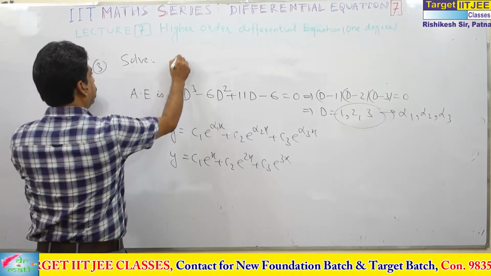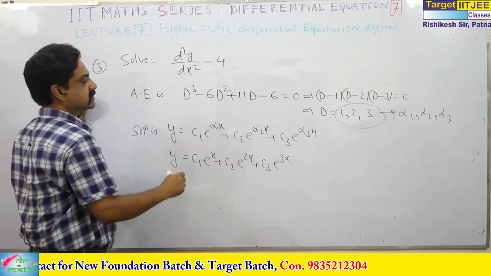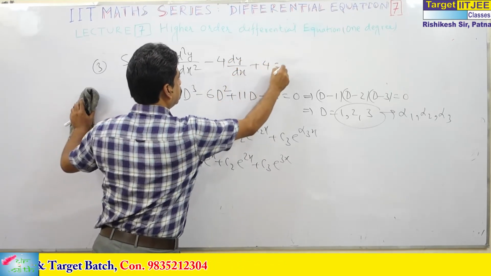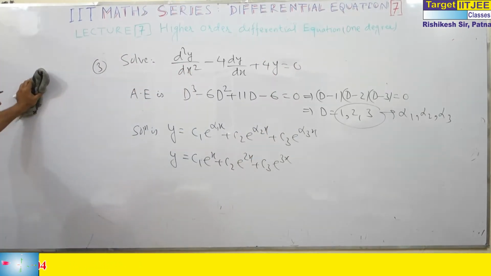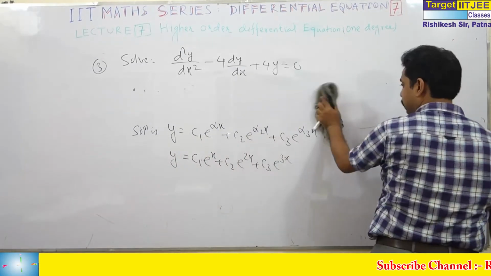Suppose I take d2y by dx square minus 4 dy by dx plus 4y is equal to 0. Sometimes I miss the y. What is this?